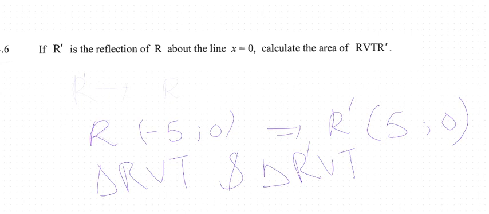So we have R, which is minus 5 and 0, and R prime, which is 5 and 0. And T is 0 and 10.